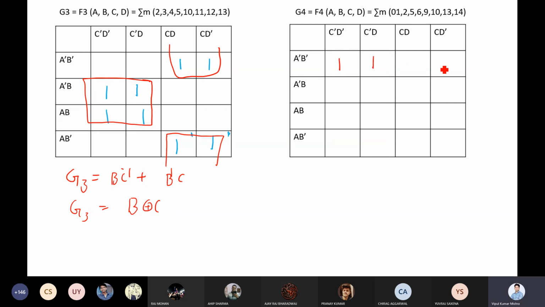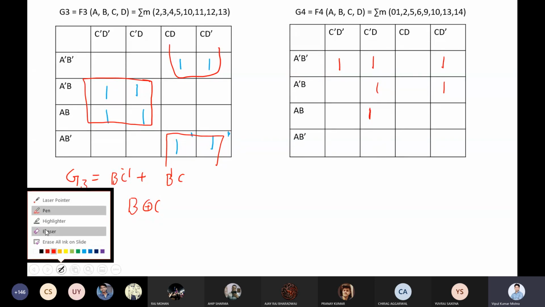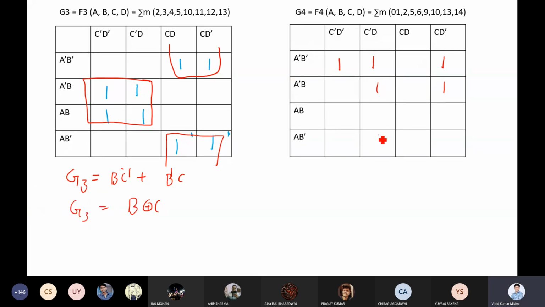0, 1, 2, 3 is not there. 4, 5, 6, 7 is not there. 4, 5, 6, 7, 8, 9. Then 8, 9, 10, 11, 12, 13 and 14.